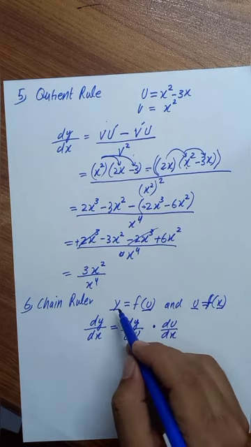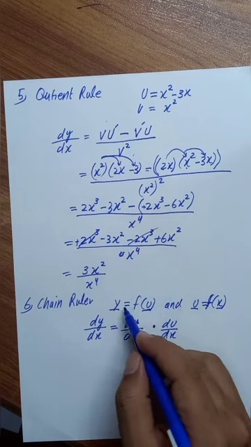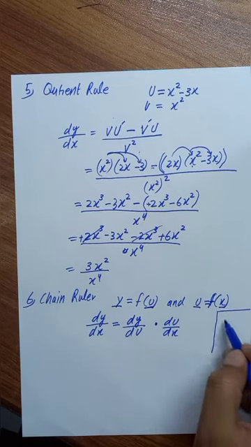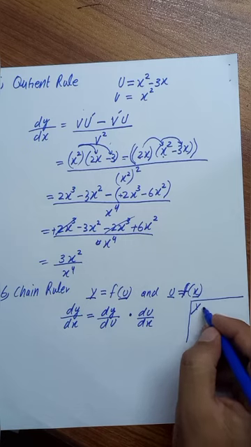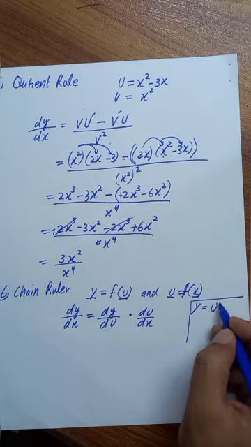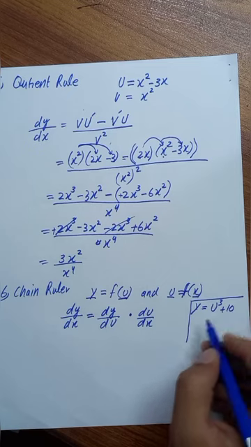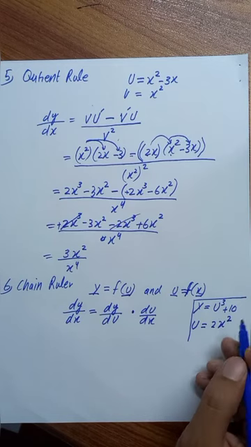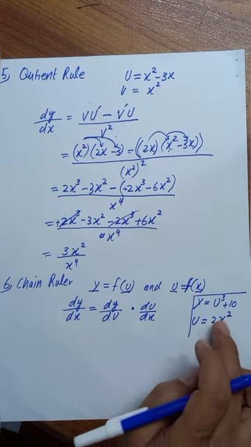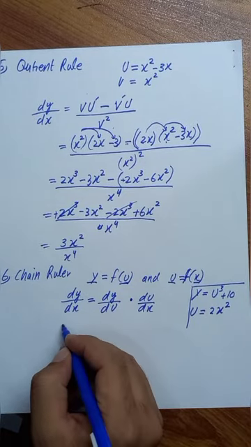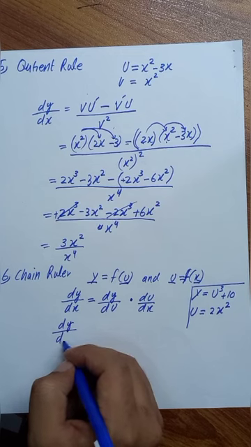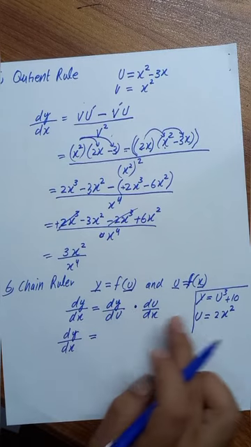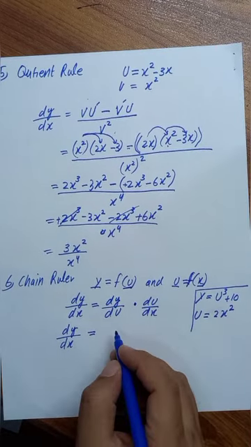Now we are writing the values of these functions. Let's say the value of y is equal to u cube plus 10, and the value of u is equal to 2x square. Now we are putting the values of these things into the formula. dy by dx as it is, and now we take the derivatives of dy by du.